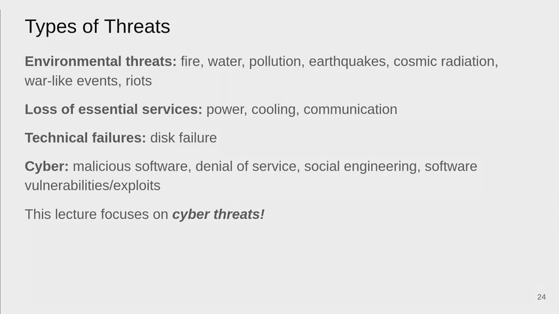Warlike events can happen here, riots can happen here as well. Loss of essential services, you could be losing power, cooling, or communication. Technical failures, the disk could die, the power supply could die, a capacitor somewhere on your board could die.